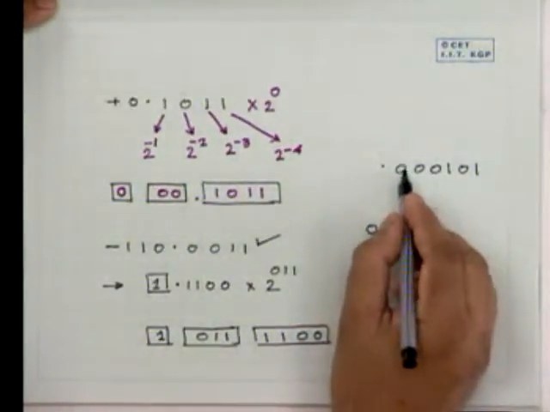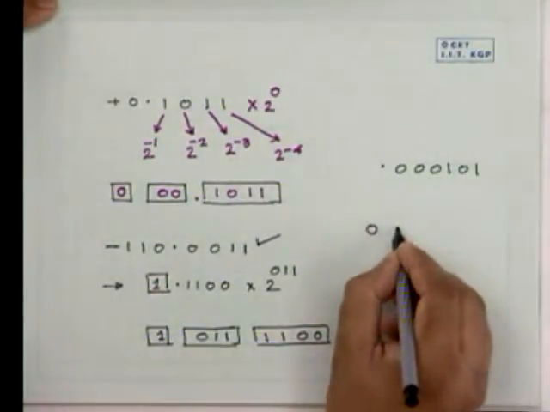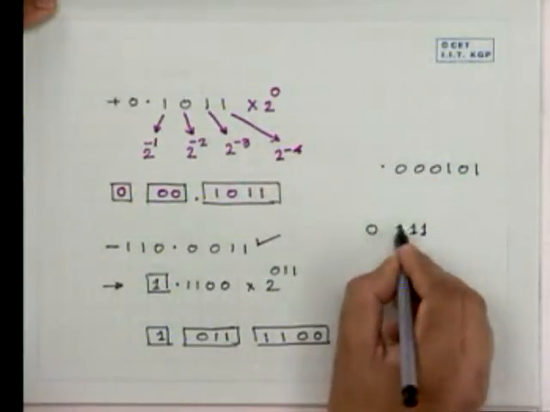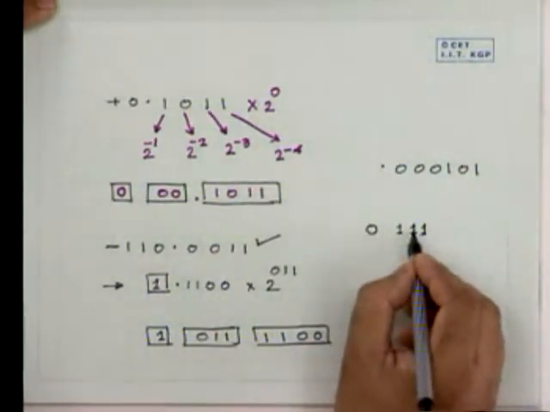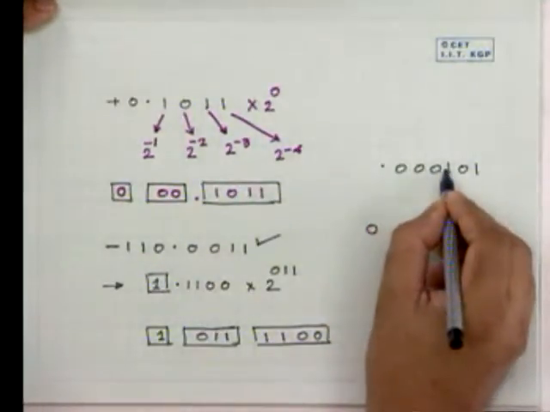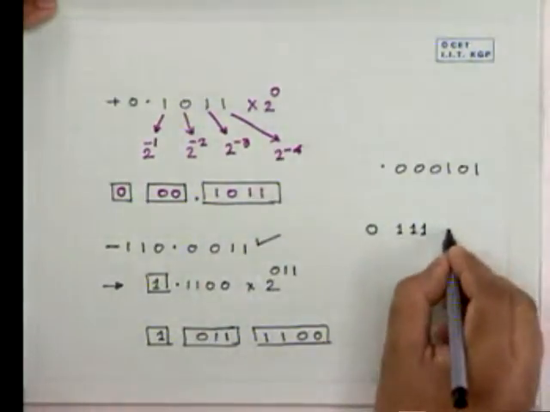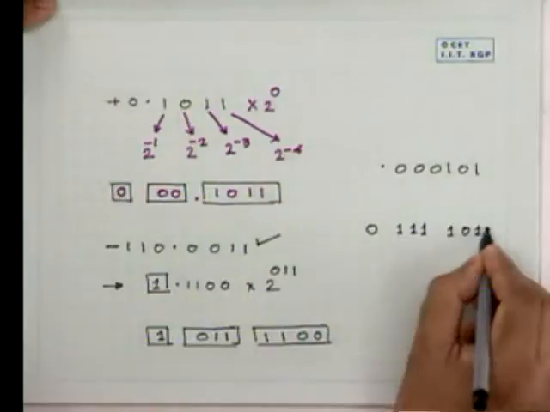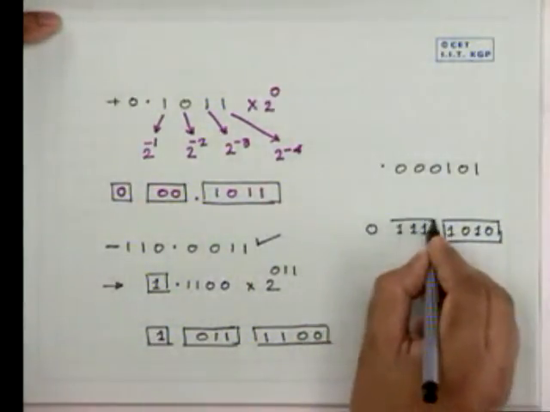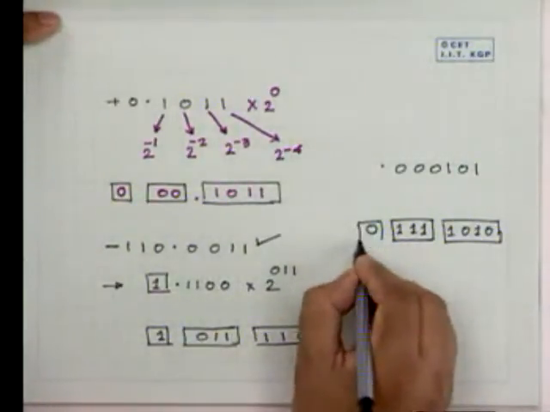The exponent should be minus 3, therefore 1, 1, 1 in sign magnitude representation, and the mantissa will be 1, 0, 1, 0. This is the mantissa, this is the exponent, and this is the sign.